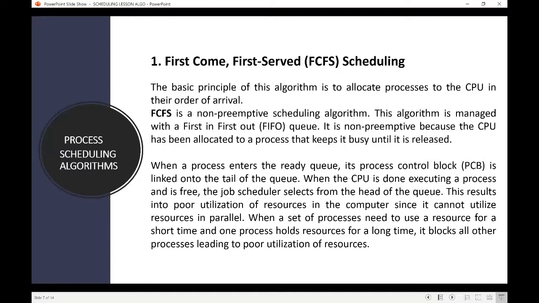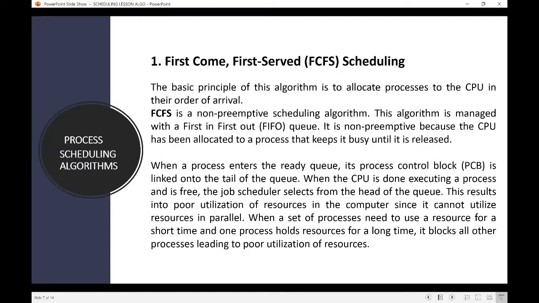Let's say we have 5 processes, A, B, C, D, E. So in first come, first served, the processes will be allocated to the CPU in order of their arrival, which means the one that comes first will be executed first.